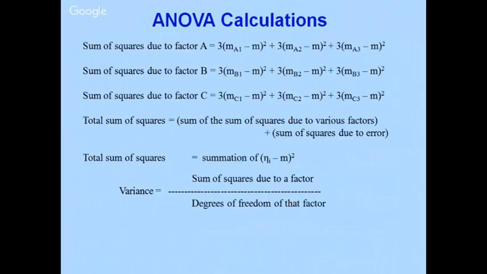Total sum of squares is equal to the sum of the sums of squares due to the 3 factors plus the sum of squares due to error. So you will get the sum of squares of error by this formula.